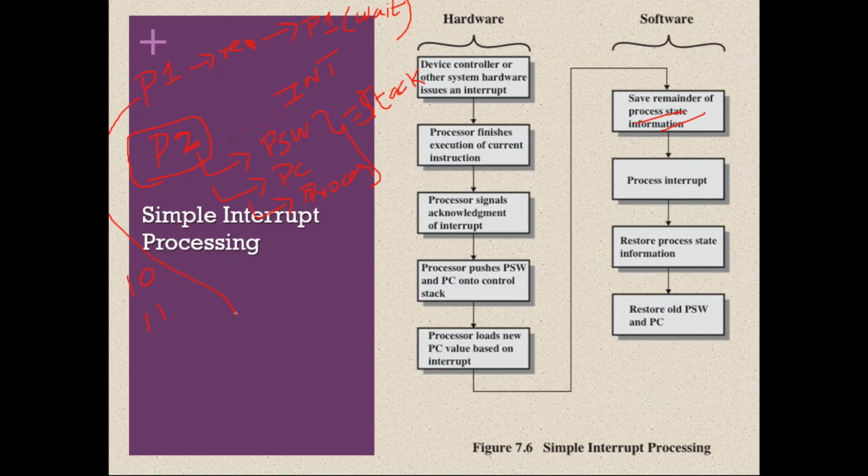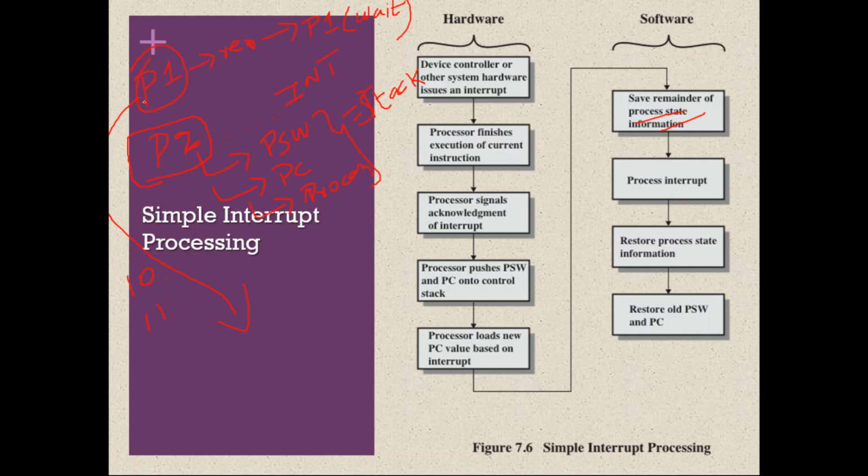Just as while putting P2 in wait state we push all these things to the stack, similarly before making P1 wait, the operating system might have pushed its program status word, its PC, its process state information, everything into the stack. That should be restored.